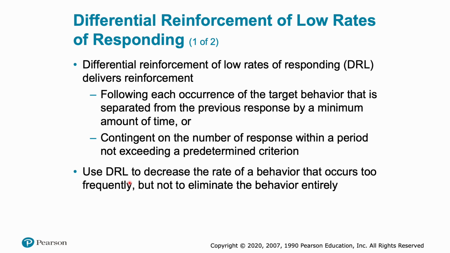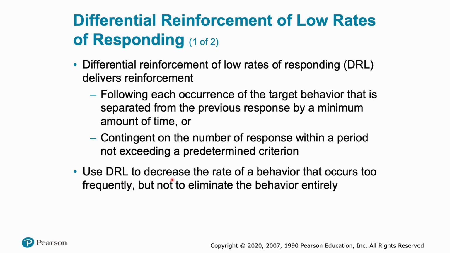Once the client masters engaging in the behavior 55 times or less, we would move on to the next step, and say they now have to engage in the behavior 50 times or less in 1 hour. And once that's mastered, you move on to 40 times or less in 1 hour, and so on. You can designate the criteria for gradually reducing or differentially reinforcing those low rates.